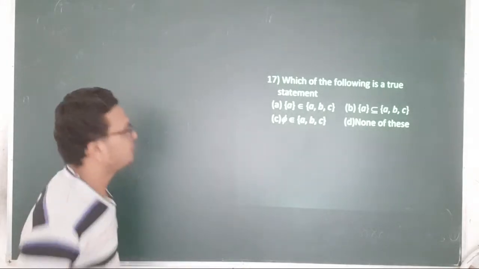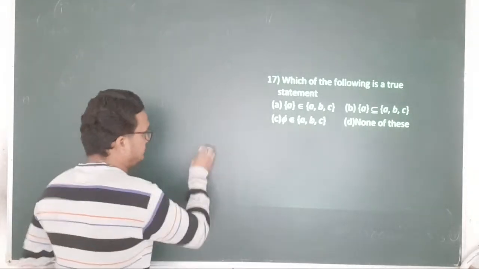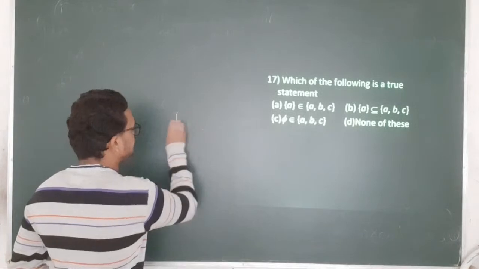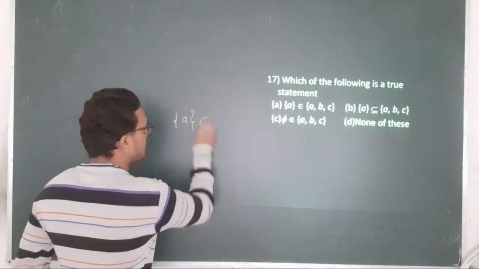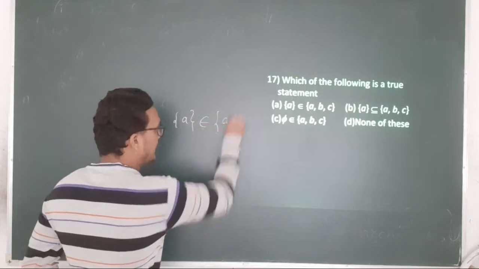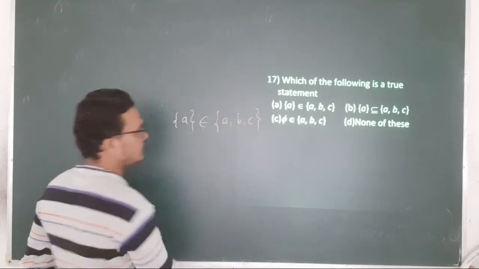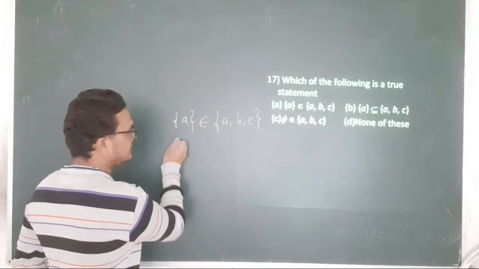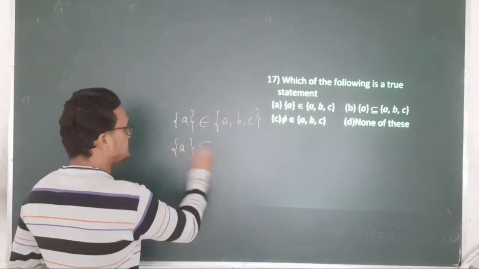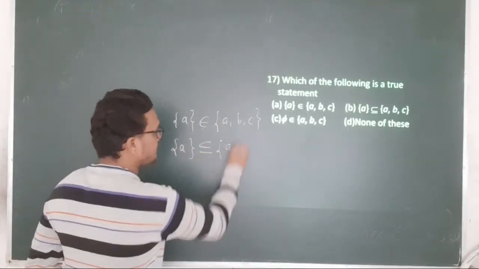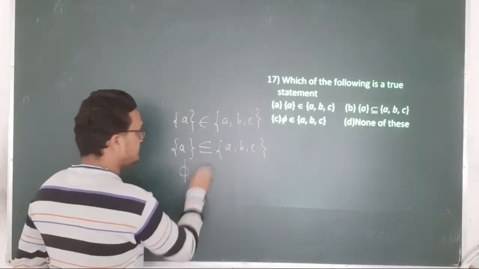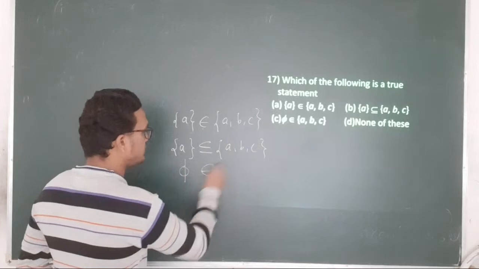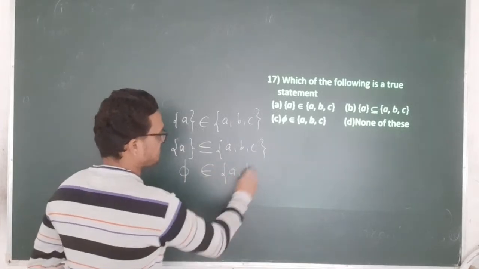Okay, let us verify. First option is A belongs to ABC. Second, A is a subset of ABC. C, phi belongs to ABC.